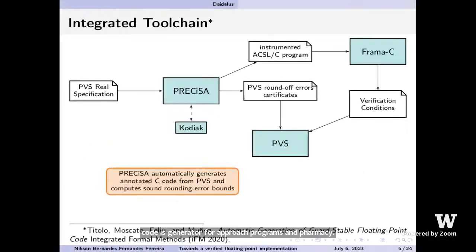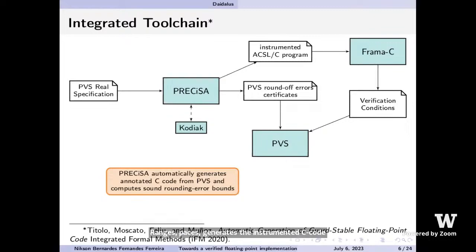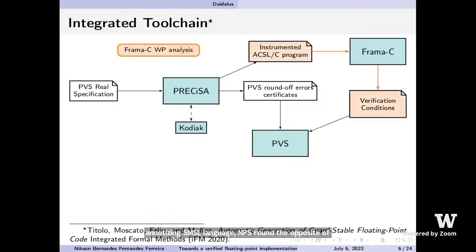These tools are integrated in a toolchain that, taking a PVS real specification together with concrete input ranges, generates the instrumented C code annotated in ACSL language and PVS round-off certificates. Then, Frama-C reads this generated C code and the annotated contracts and generates verification conditions.